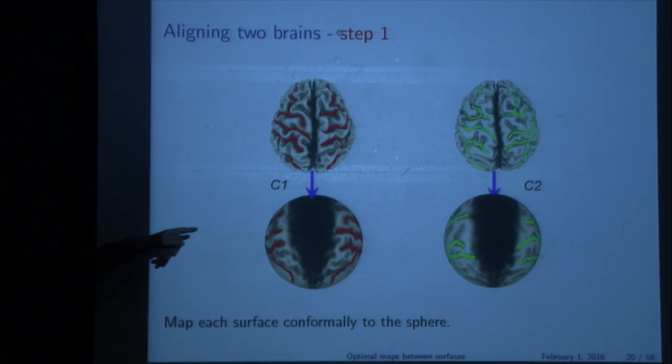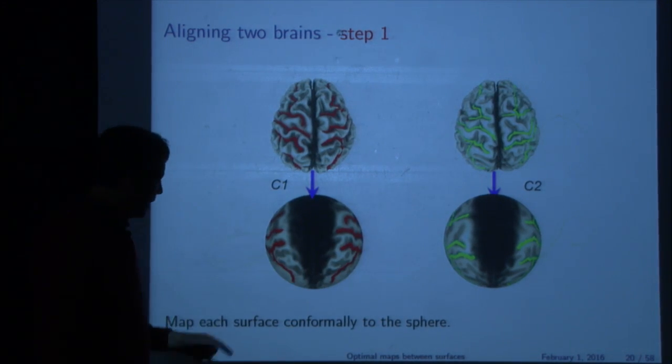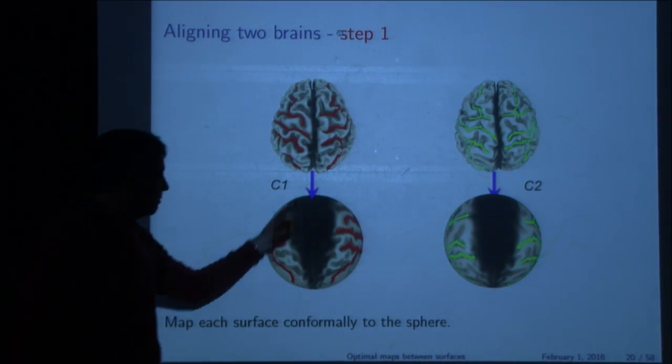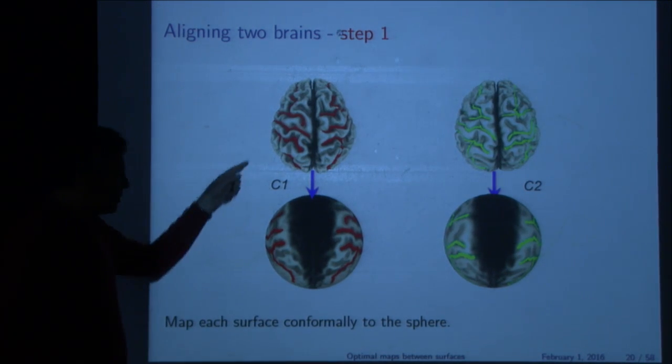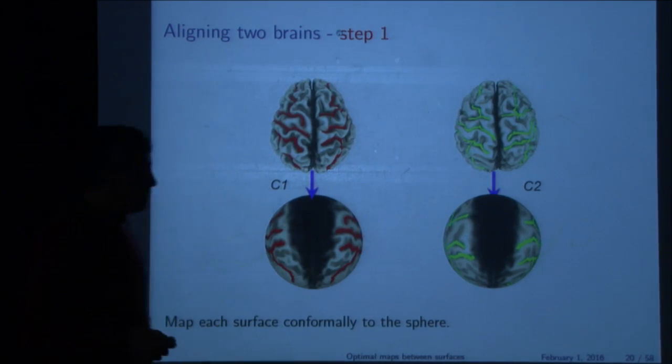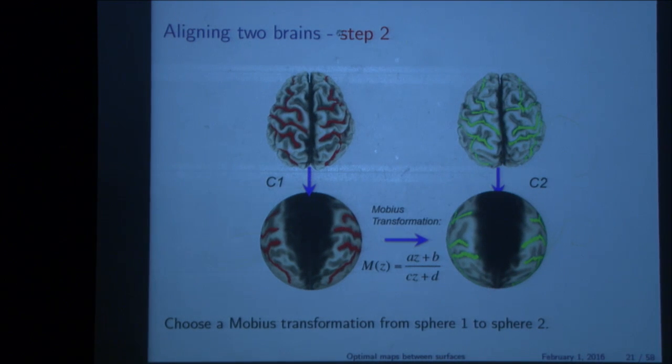So we do that for each of the two brains. And then we want to map this brain to this brain conformally. So all we need to do is pick a conformal map from one sphere to the other sphere. And the composite will be a conformal map from the first brain surface to the second one.